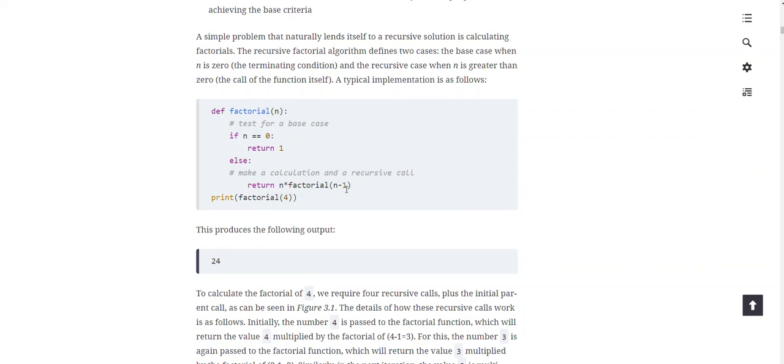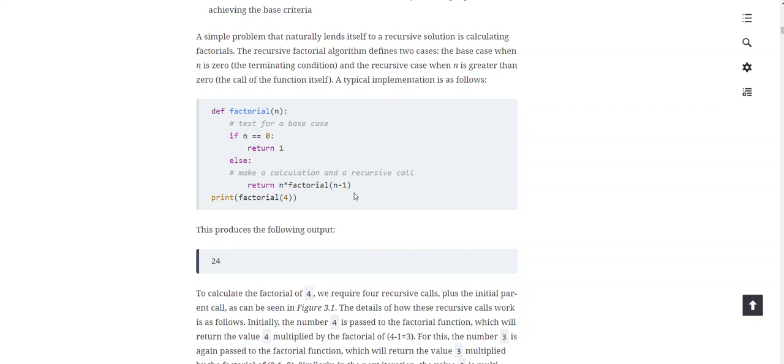It'll pass in 0, but if n is equivalent to 0, return 1. We're done. We've reached the end. So this is recursion.